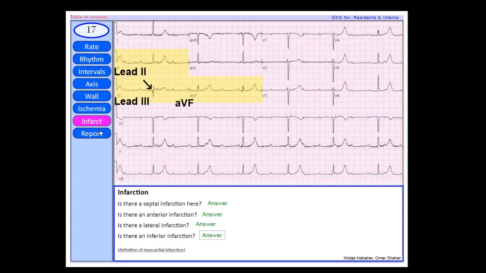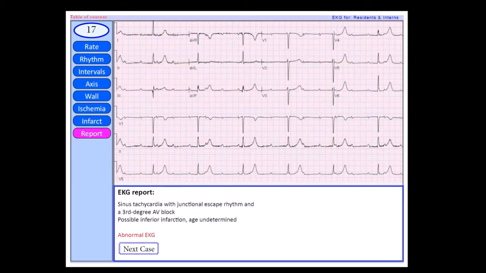So next, how should we write the report? The EKG report should consist of rhythm, QRS axis if abnormal, chamber hypertrophy or enlargement if present, bundle branch blocks if present, ischemia or infarction if present, and clinical diagnosis based on the above findings if present.